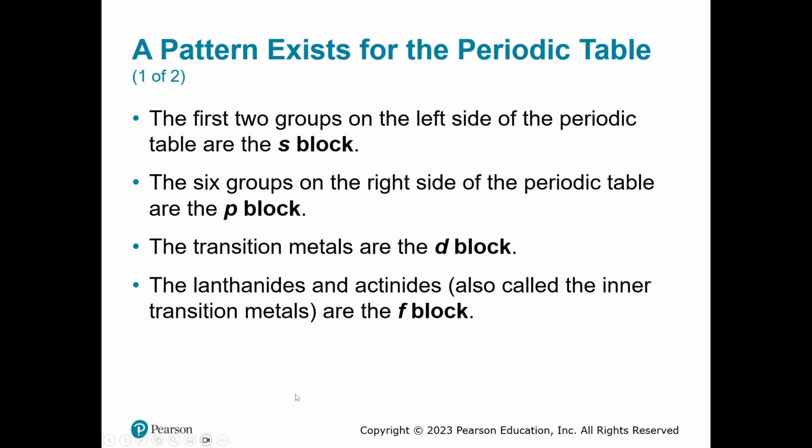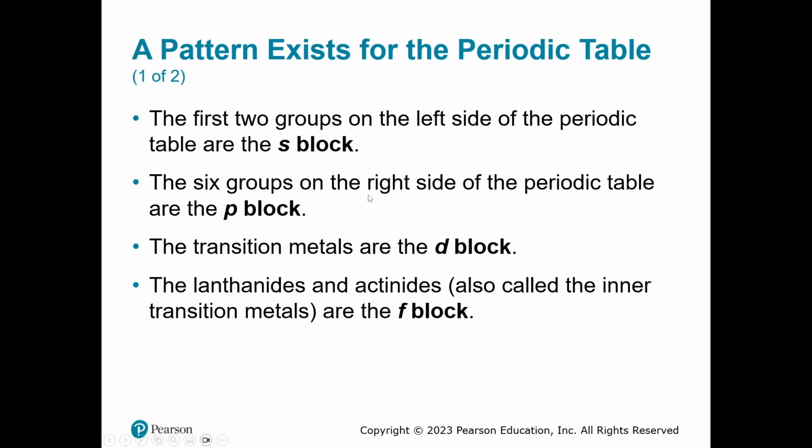Elements in the p block tend to gain electrons to get to their nearest noble gas configuration, whereas s block elements will always lose electrons to get to their noble gas configuration. D block metals, or transition metals, tend to have varied behavior, tend to lose their electrons, but they can gain electrons. And the lanthanide actinides are very much the same as the transition metals, as they do whatever conditions allow them to when you expose them to different scenarios.